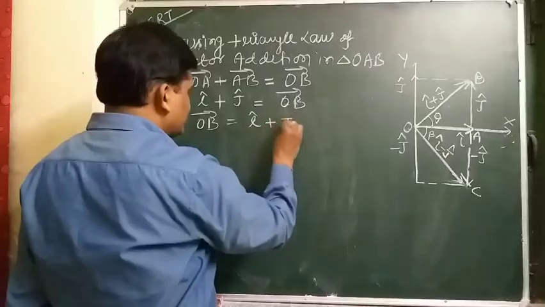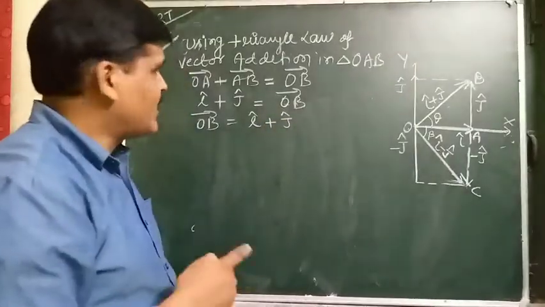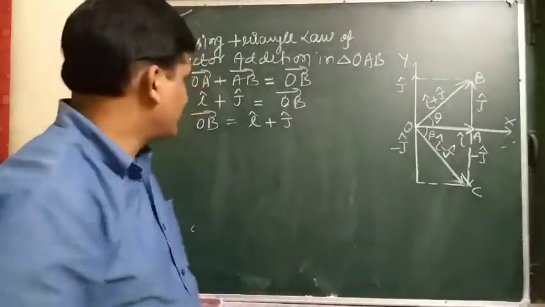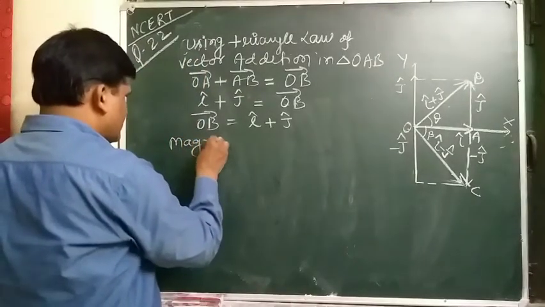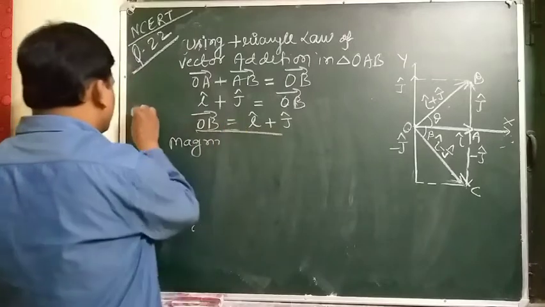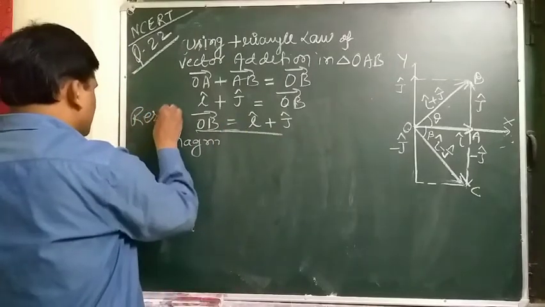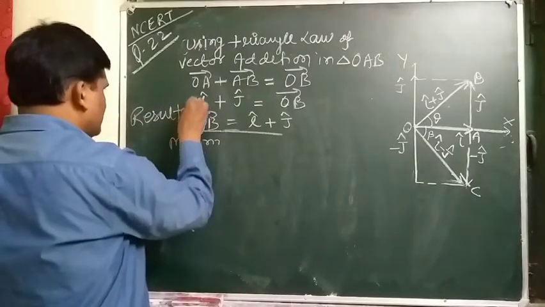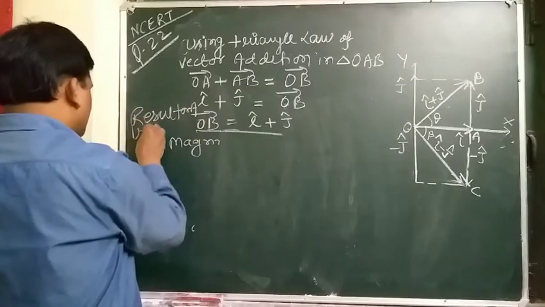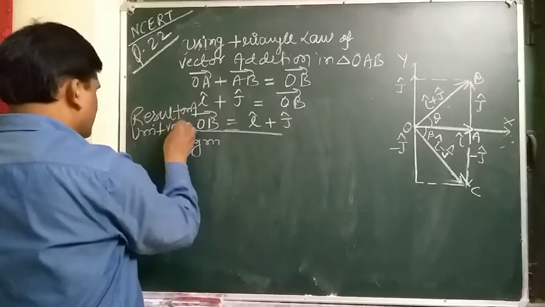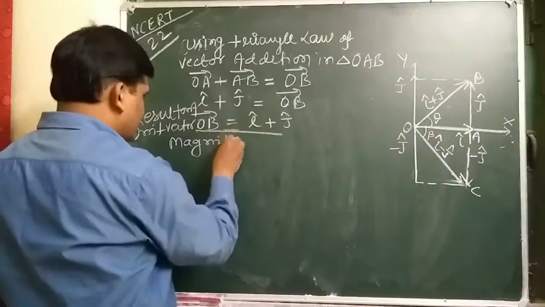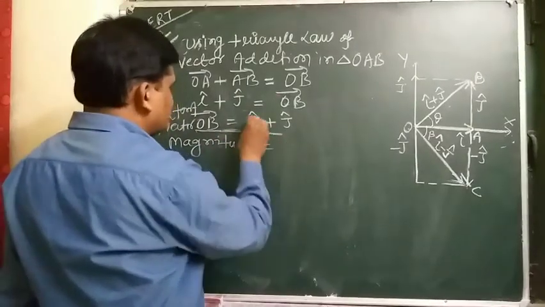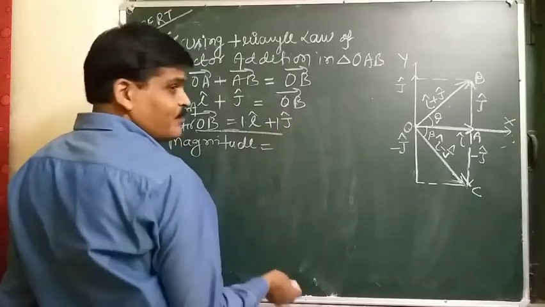Plus j cap. We have to find its magnitude. So the magnitude of the resultant vector, this one, the resultant unit vector comes out to be that magnitude, which is written as, you know that is 1 and that is 1.